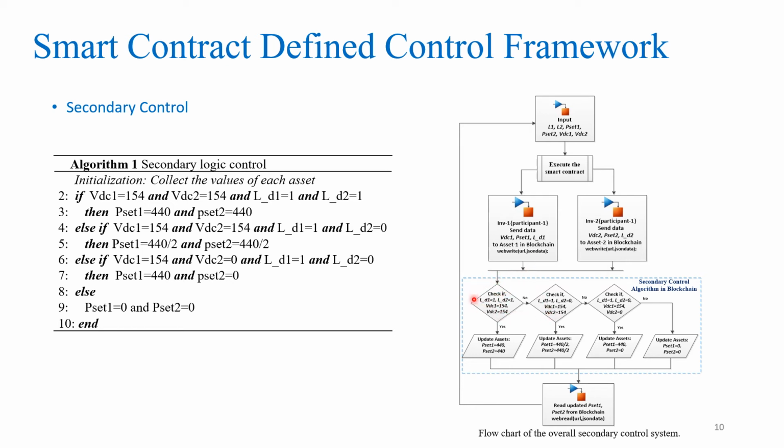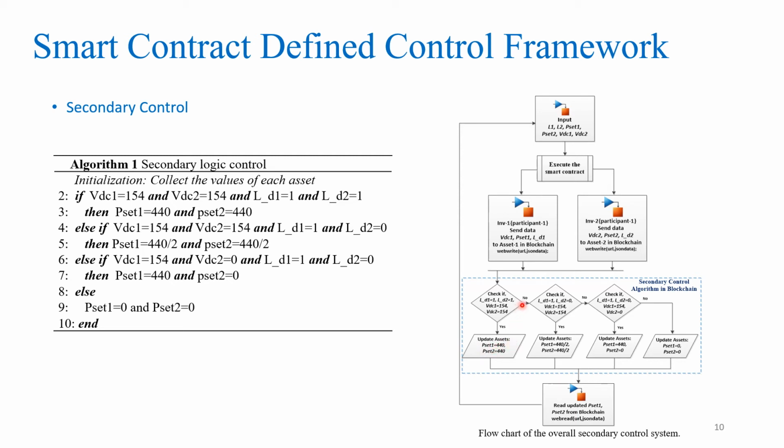The first condition that we run is based on the availability of the inverters as well as the load demands. In this condition, both inverters are available and the load demand is maximum. So if this condition is true, then we want to set our active power set points for both of the inverters as the maximum power capacity.